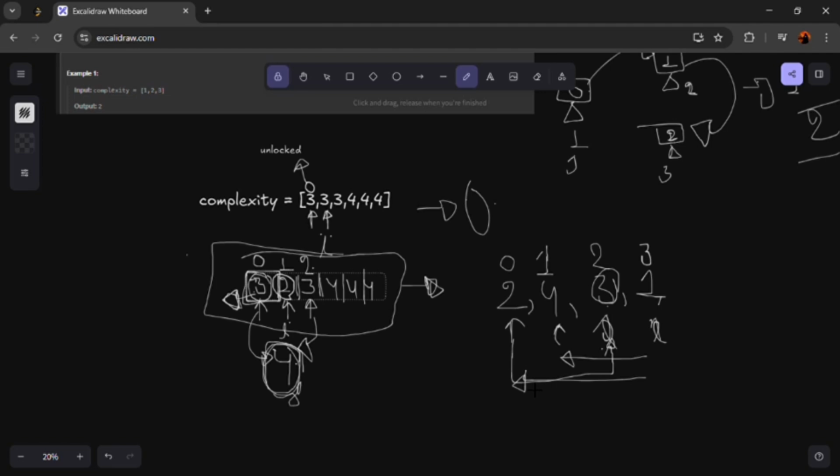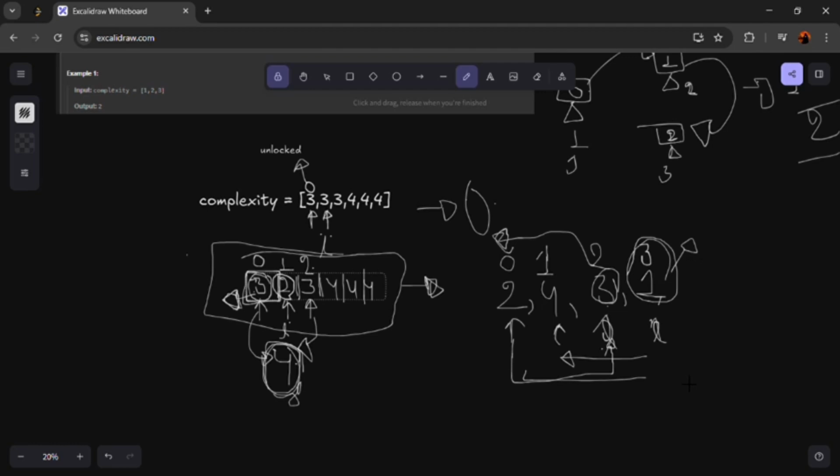Okay, so we can understand here that if this second computer is already unlocked, and it has more complexity than the third computer, then it also has more complexity than the zeroth and first and previous left side computers, because this third computer is unlocked by its left side computer, and its left side computer has less complexity than this, but it must have the greater complexity.